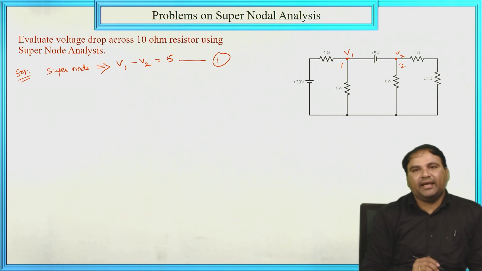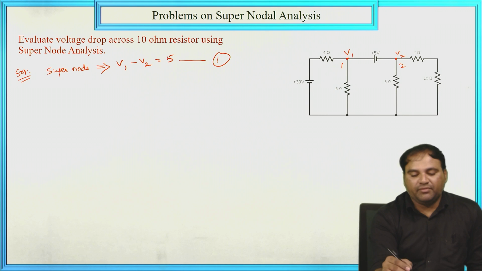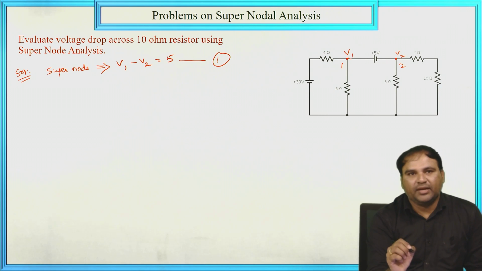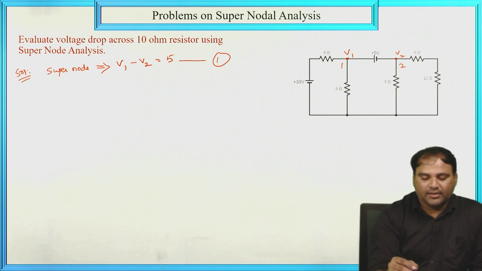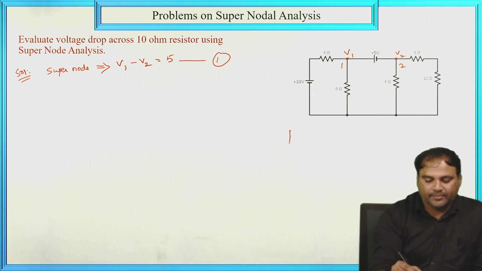Directly we can take this as equation number 1. Now we have to eliminate this 5 volt voltage source, then write the equation in terms of node 1 and node 2. So here I need to redraw the circuit.